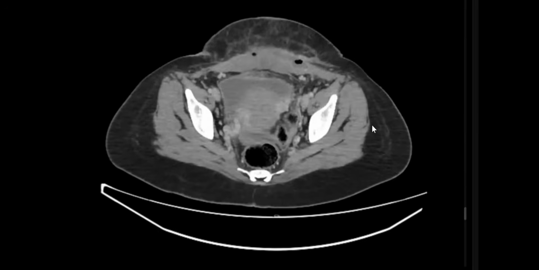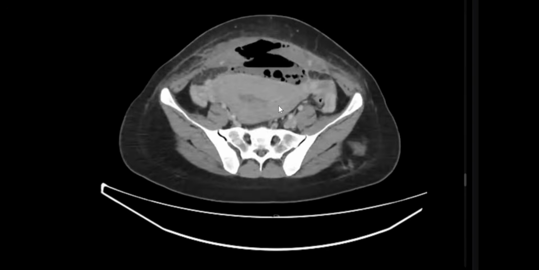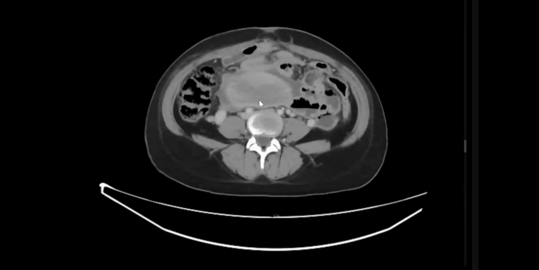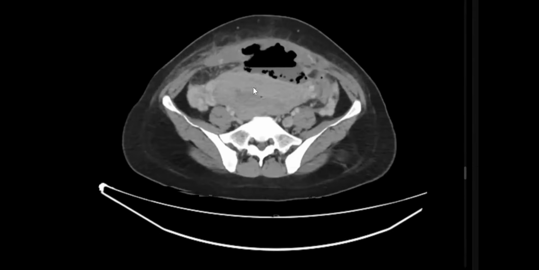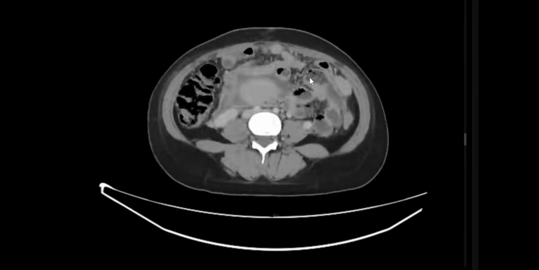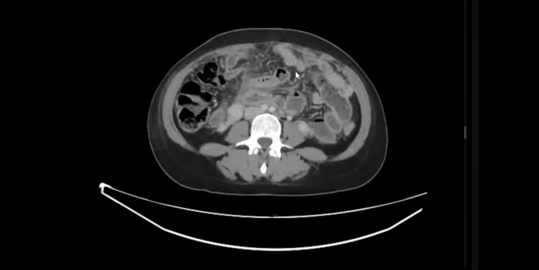As I was scrolling through the images, my main findings appear to be heterogeneous contents noted within the uterus, some air foci with subtle heterogeneity, along with a large amount of para-uterine collection, which is seen extending up to the anterior abdominal wall, along with involvement of the rectus muscle.